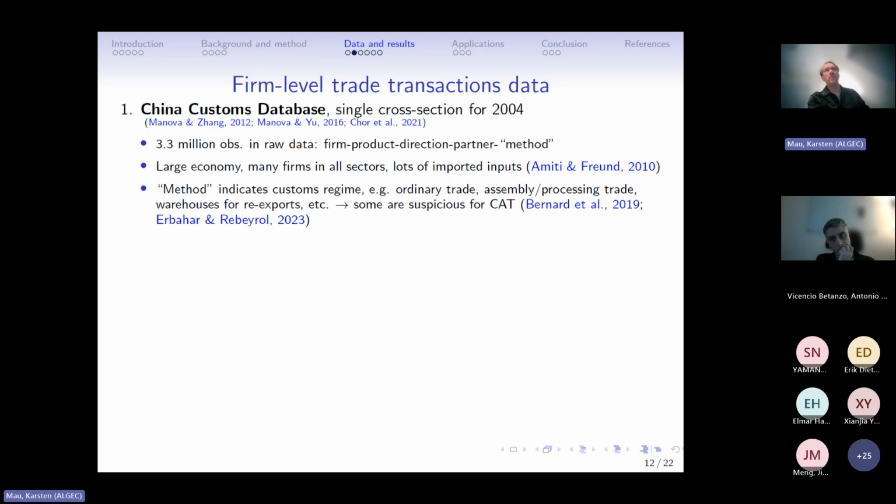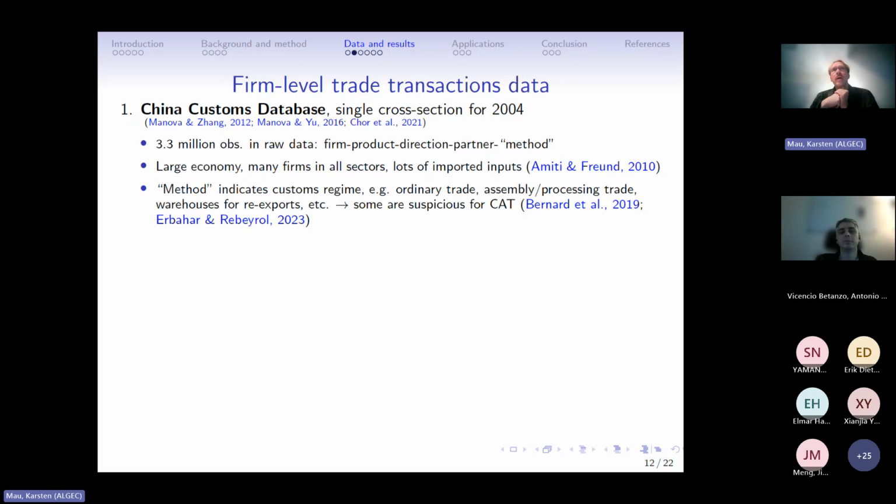It's a data set that has been used widely in the economic literature, not so much input-output analysis, but more generally to discuss and analyze China's impact on the global economy and export growth. And we are using this sample because we think that in 2004, China was really expanding. So it was already trading quite a lot. There is a lot of coverage in terms of products, but also in terms of the number of observations that we have for each product.